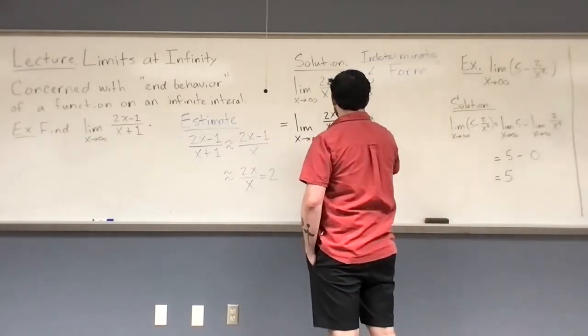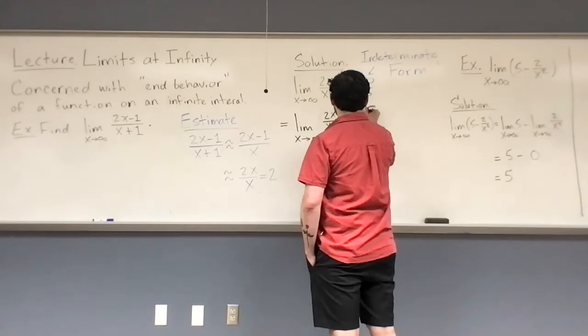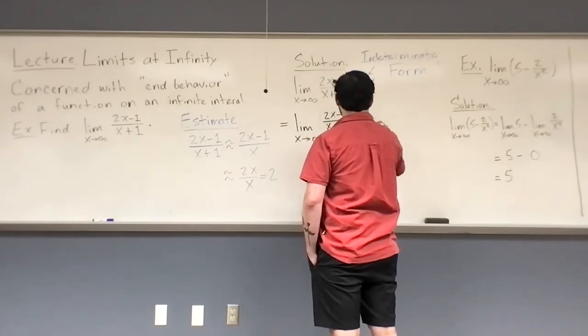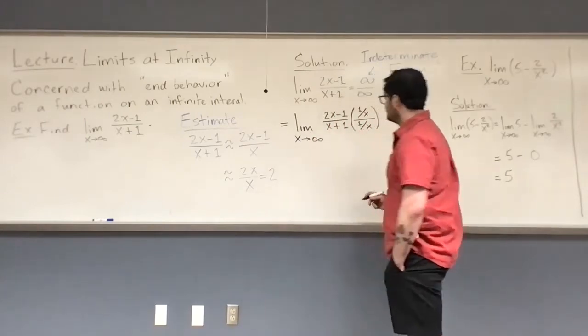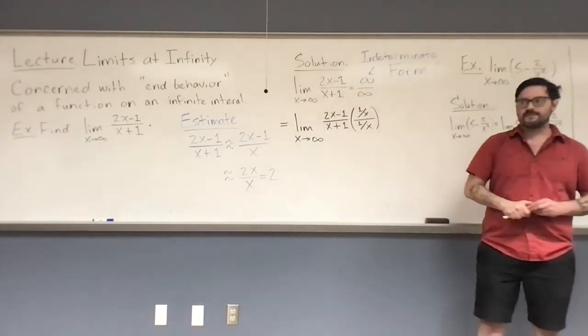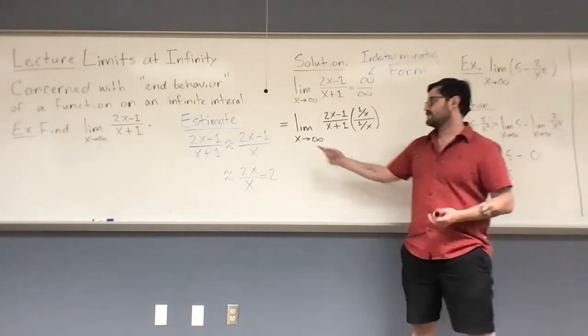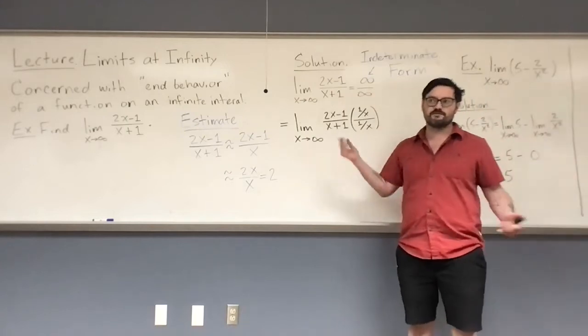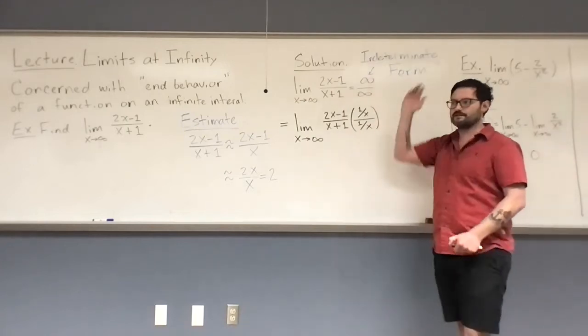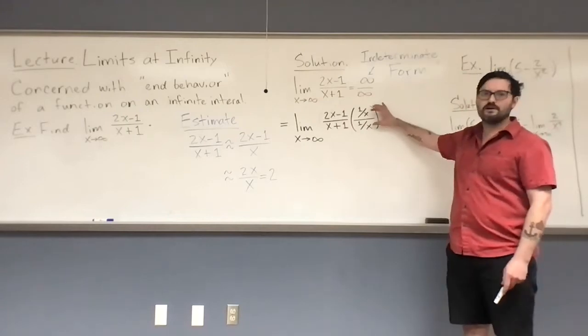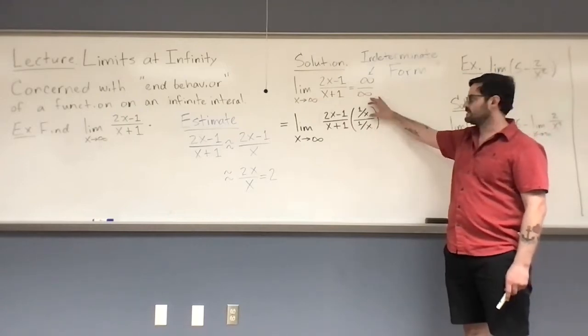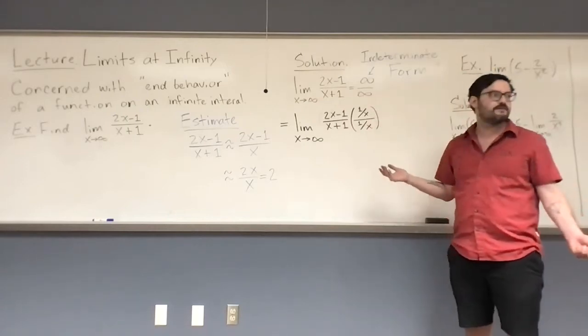What happens if I multiply this by 1 over x divided by 1 over x? And we can write 1 over x because x is getting arbitrarily large. It's not going to ever be 0. It's way past 0, right? Isn't this a 1? Something divided by itself is a 1. It doesn't change anything.